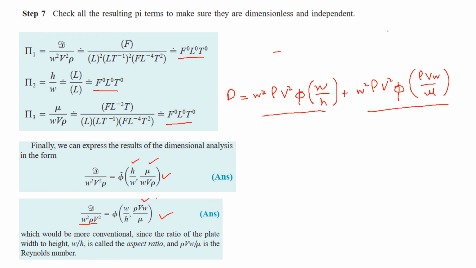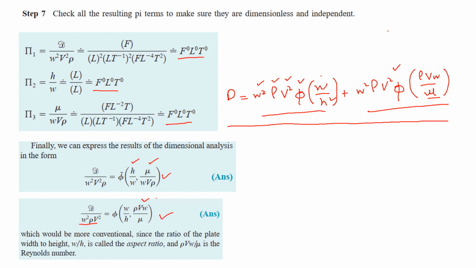What we need to do is find the value of this constant, and for that we first need to run some experiments to identify its value. Then we can use this equation to see the effect these different independent variables will have: my width, the density, velocity, the height of the plate, the dynamic viscosity, and this constant.